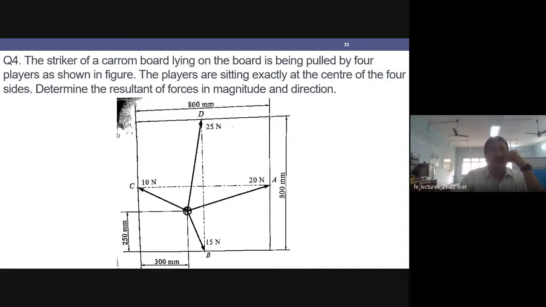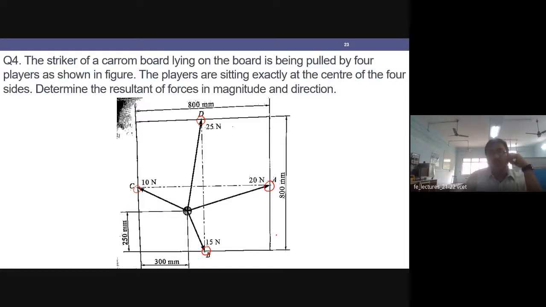Okay, now we'll take one more question about concurrent force system, and then we'll move towards parallel force system. Here, the striker of the carom board is lying on the board and it is being pulled by 4 players as shown in figure. The players are sitting exactly at the center of the 4 sides. That means the points A, B, C, D that we marked are exactly at the center of that length.